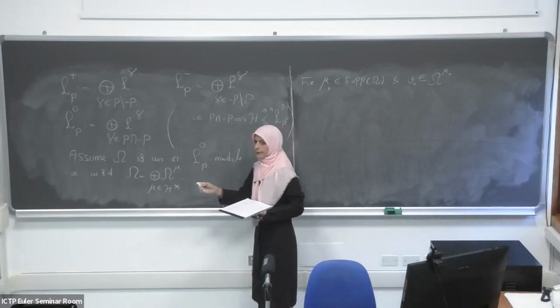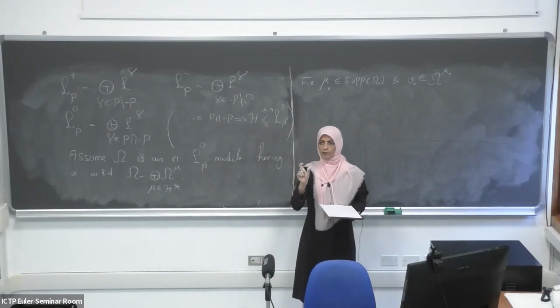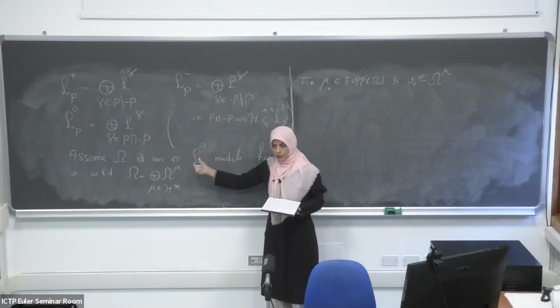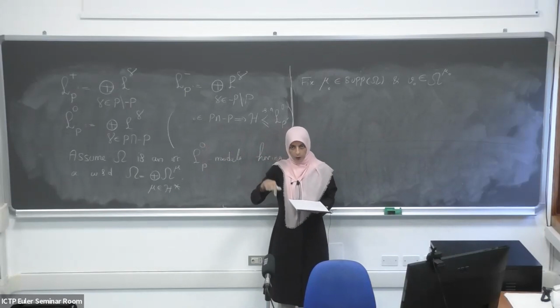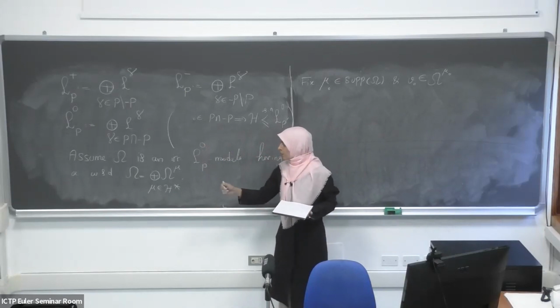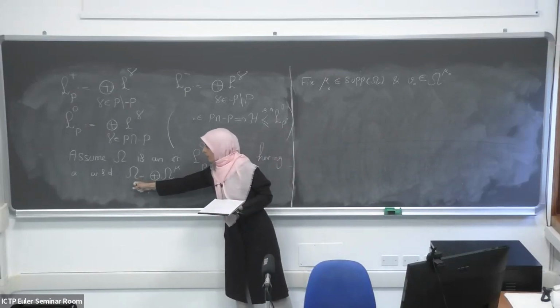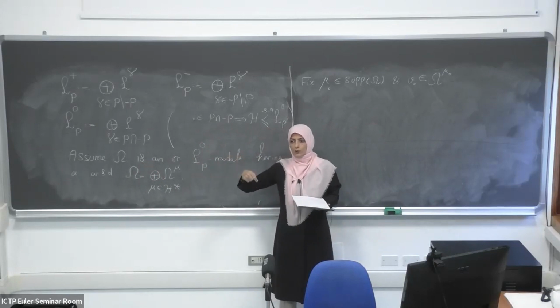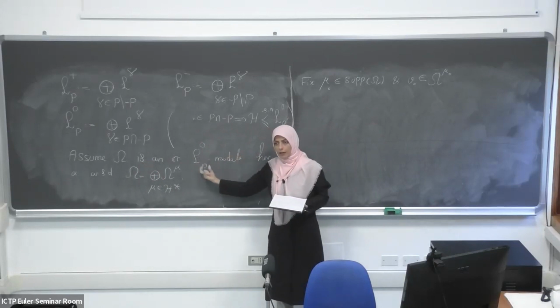You remember there is no difference between modules for a Lie superalgebra and modules for the universal enveloping algebra. So when I say omega is an irreducible module for this Lie superalgebra, it means it is an irreducible module for the enveloping algebra.